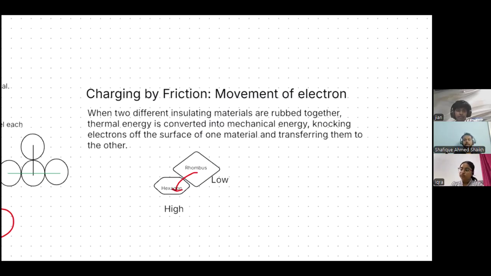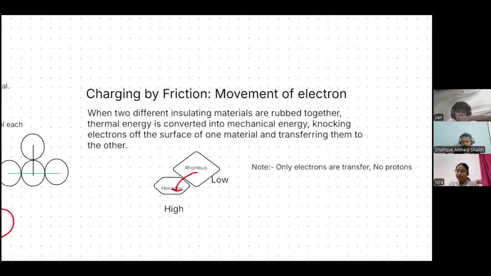Now over here, you need to understand one thing: only electrons are transferred, no protons.